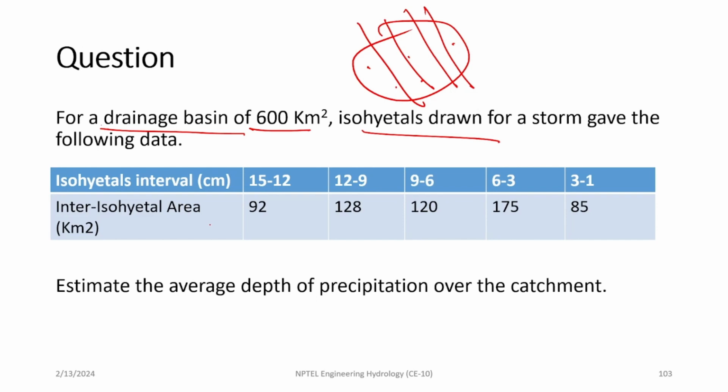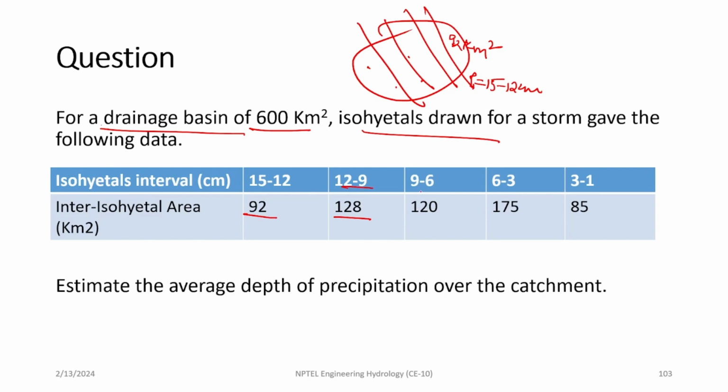For 92 kilometers square of area, they are saying that the isohyet value, so I can assume it as P1, is varying in the range of 15 to 12 centimeter. Similarly, for an area of 128 kilometer square, the precipitation value varies in the range of 12 to 9 centimeter.